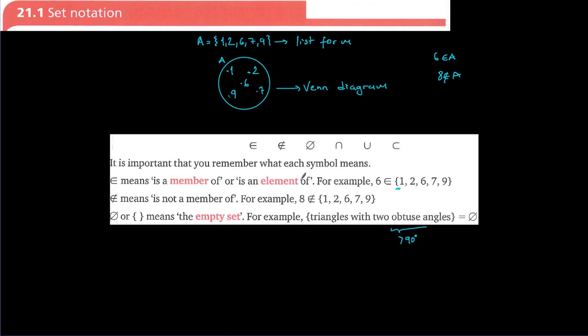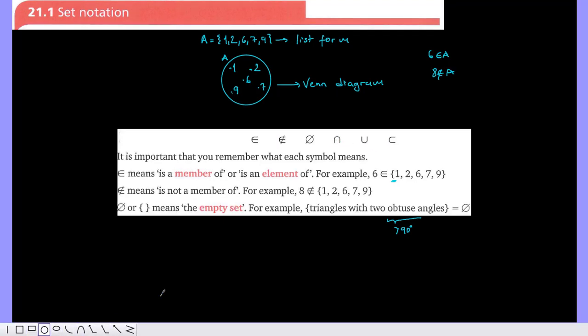Okay, we also have other notations here. This represents intersection, and this represents union. When we use two sets, let's say this is set A and set B, if we are talking about the union, it is the area covering both sets.